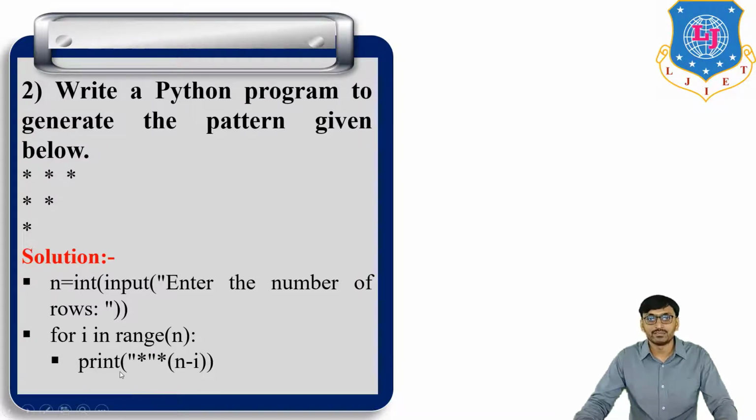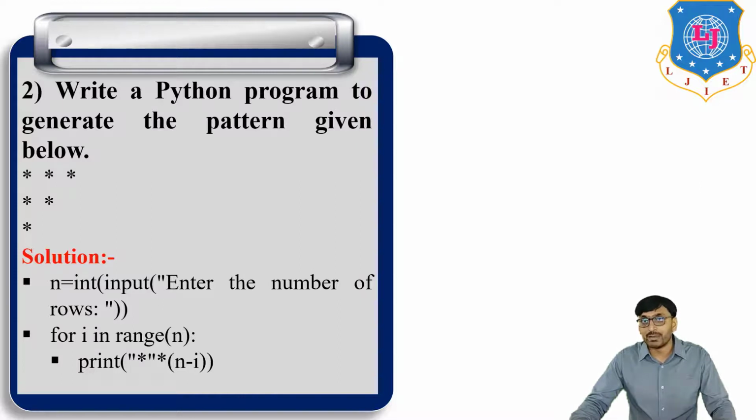For example, n is equal to 3. So i is equal to 0, i is equal to 1, i is equal to 2, but not 3. So n equal to 3 means up to 3, so there are three elements: i is equal to 0, 1, 2.